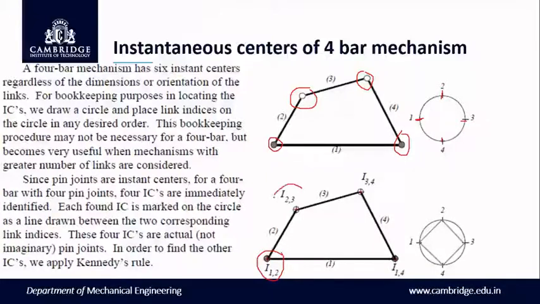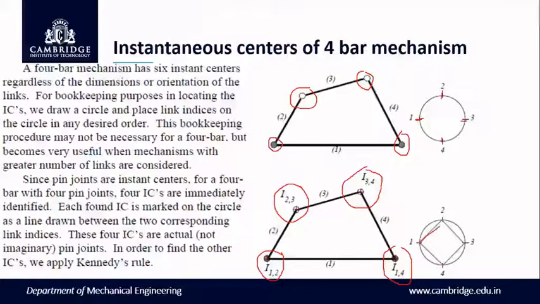The pin joint joining link 2 and 3 becomes I23. The pin joint joining link 3 and 4 gives us I34, and finally I14. Since these ICs are visible directly, we can join them inside the circle also. So these 4 ICs are actual pin joints.